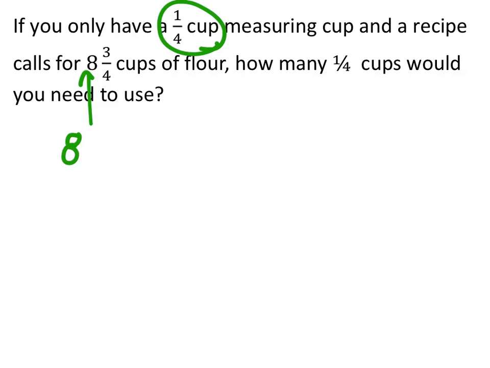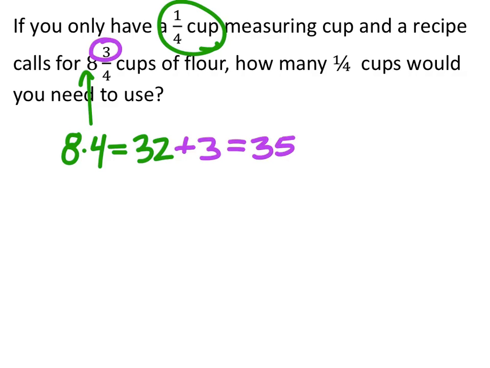So I would just take 8 times 4, which is 32, and that's 32 scoops of the 4th cup measurement. Now that's just to make the 8 cups, but I also need 3 more of the 4ths to make that 3/4. So I need to add that 3 right there, which would mean that it would be 35 of those scoops. Okay, so I would even just label this as scoops.